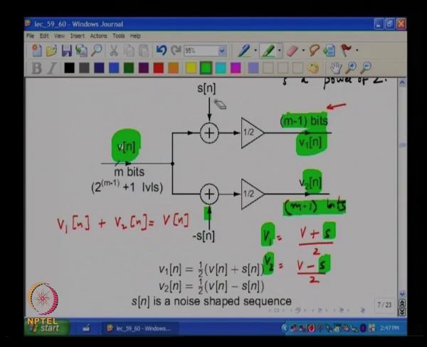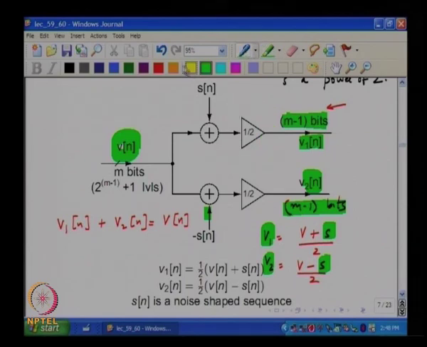So clearly V1, V2 and V are all integers, correct. So if this has to be an integer, it must follow that this must be, if you take something and you divide by 2 and you get an integer, what must be the input? It must be even, right.